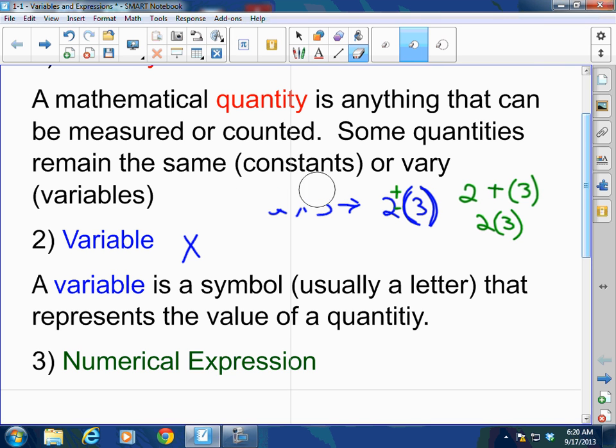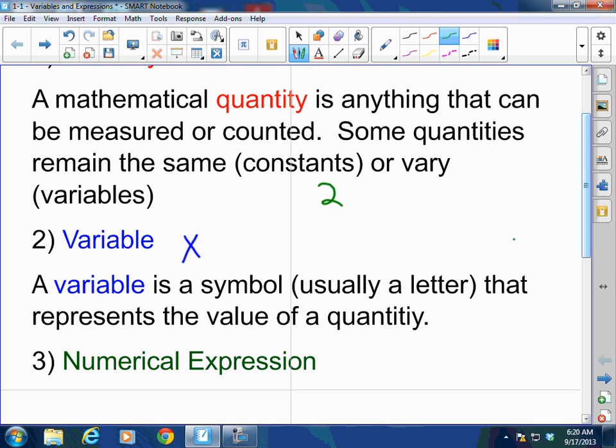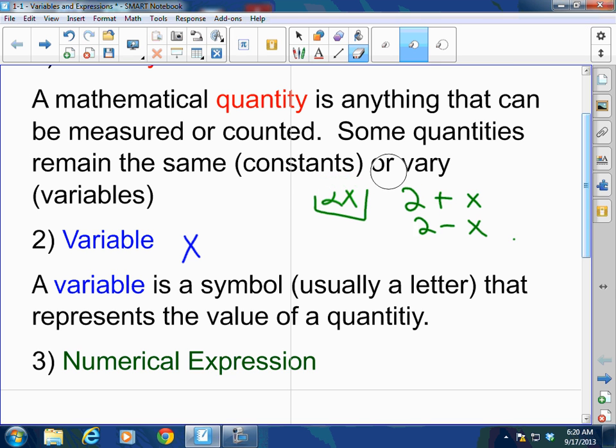Same thing with variables. If I have 2x, that is 2 times the value of x. I can separate it with the plus or minus sign, and then I add or subtract. But if I have them next to each other, it is just multiplication. So x will no longer be used to represent multiplication. Please be aware of that.